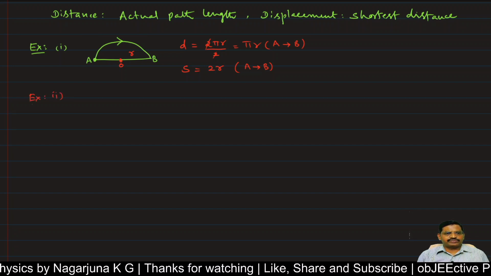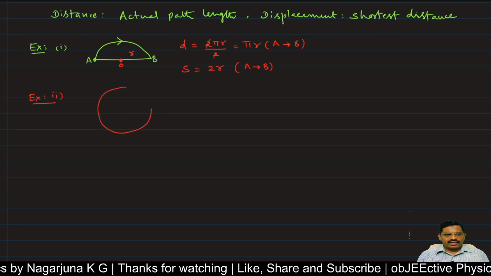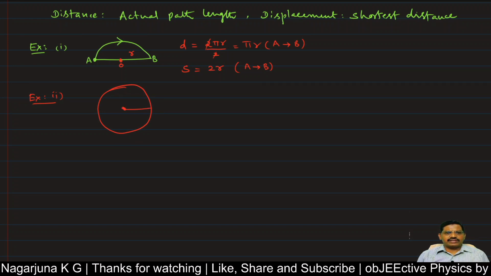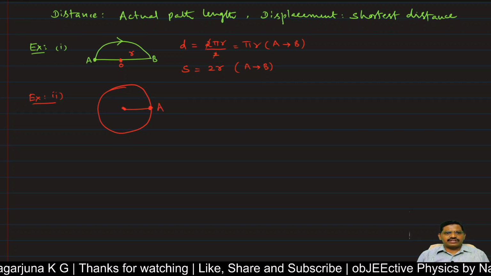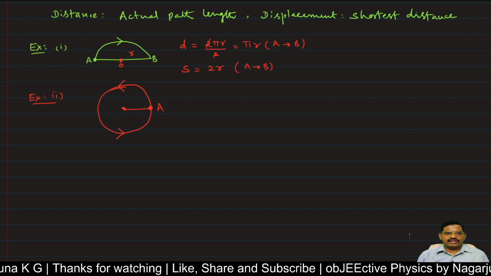Example 2. Let us take another example. This example was already explained to you. Circular path. Let us take the particle starts from A and travels along the circumference of a circle.